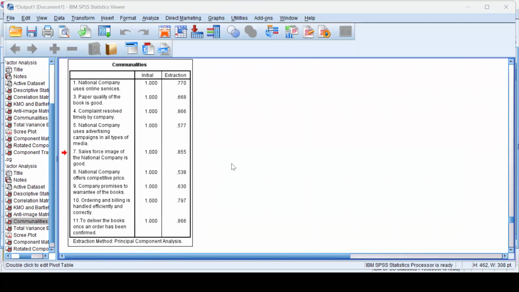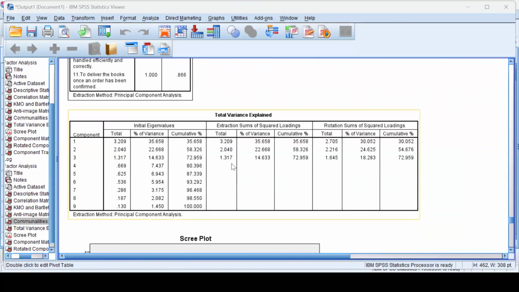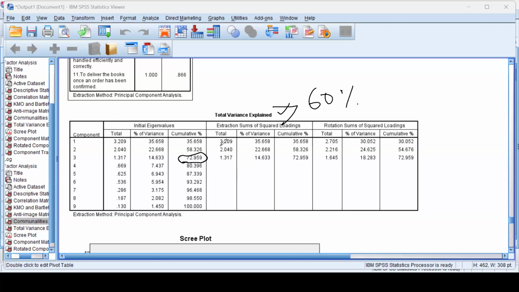Next we will check the number of factors. So through total variance explained, the value is 72.959. Total variance explained should be greater than 60%, तो हमारा यहाँ पर 72% है। These results came from the unrotated matrix, and this is the rotated matrix.